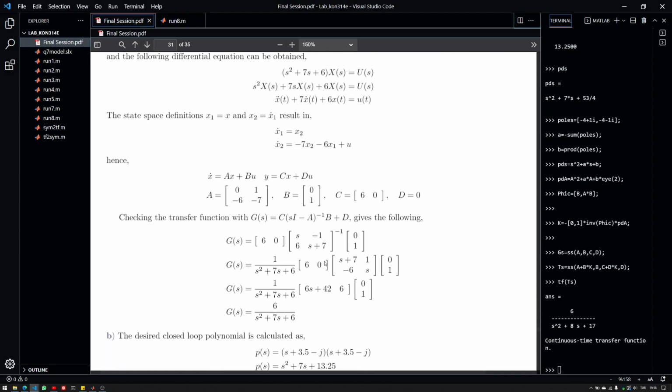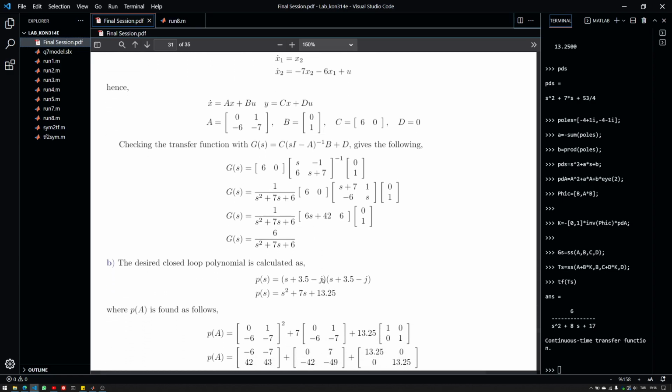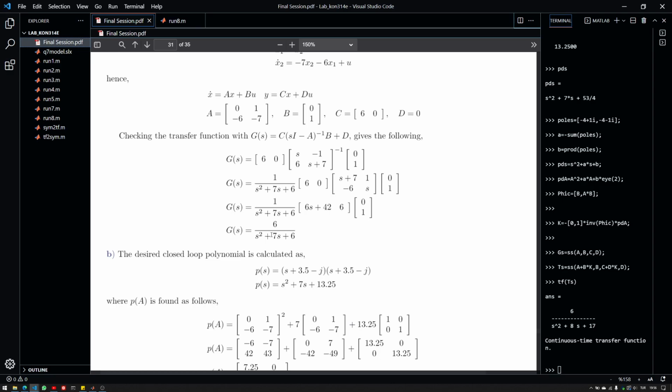So converting it back into the Laplace domain or transfer function here, we can use this relation. And you can see that there's a matrix inversion here and also some vectors to reduce this down to a scalar expression, and then we get the transfer function back.